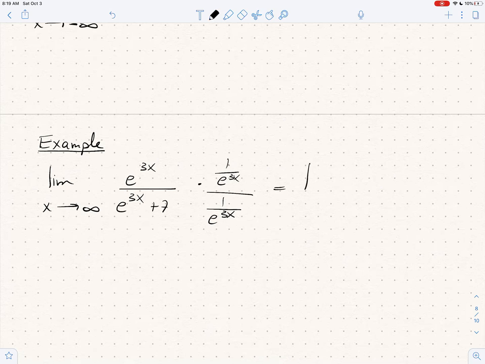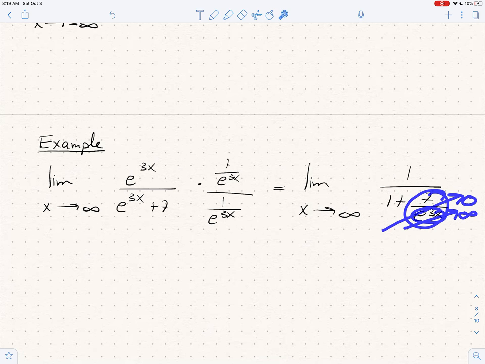And so this becomes the limit as x goes to infinity of 1 over 1 plus 7 over e to the 3x. We've seen before e to the 3x is going to infinity, so this whole fraction is going to 0. And so this becomes 1 over 1 plus 0, which is just 1.